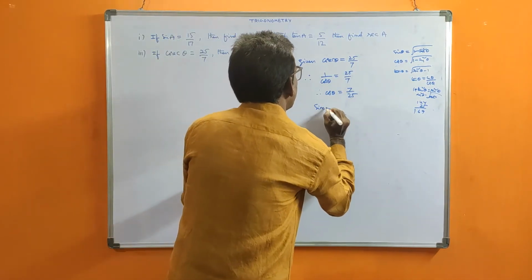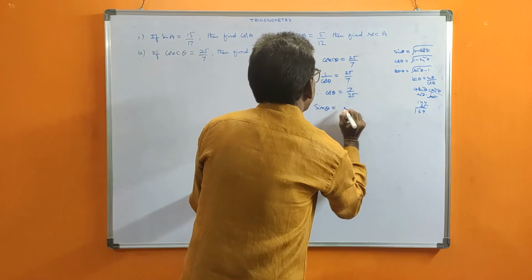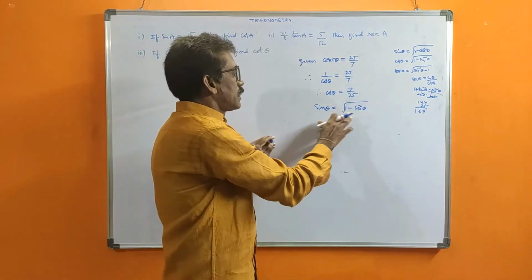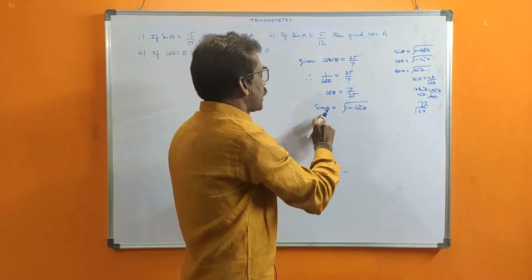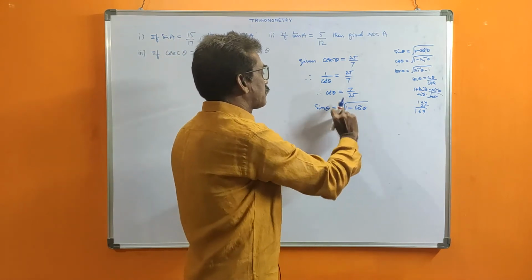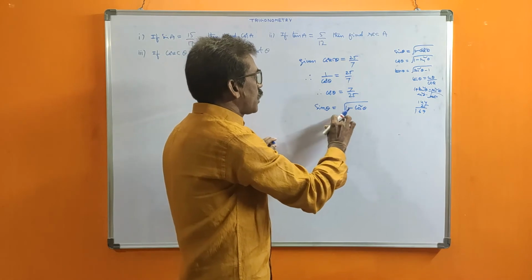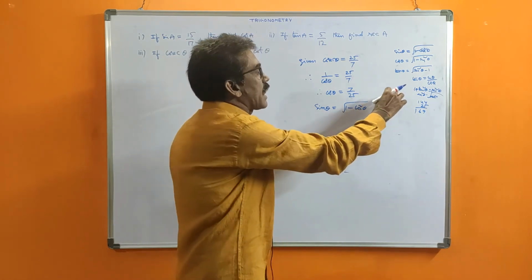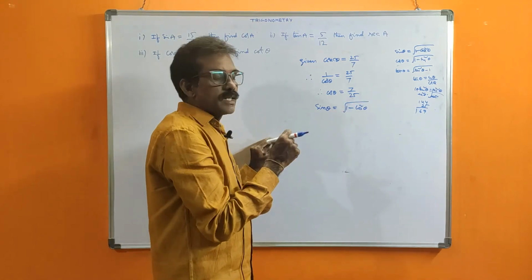So by using this, cos theta we can calculate. Formula is what? Root of 1 minus sin square theta. You can simply remember: sin theta we want means root of 1 minus cos square theta, cos theta we want means root of 1 minus sin square theta, secant theta we want means root of 1 plus tan square theta, plus there. Okay.